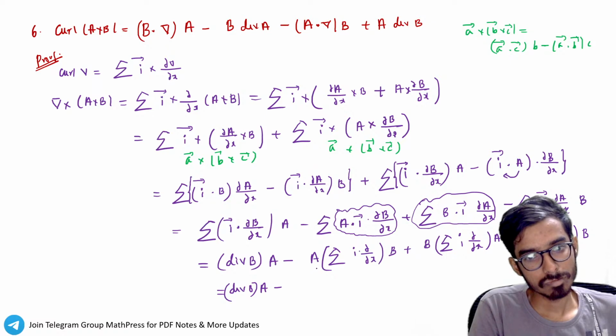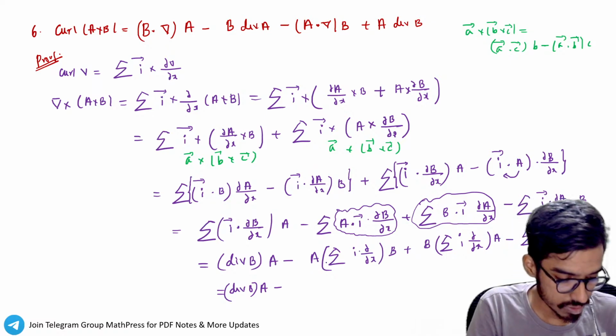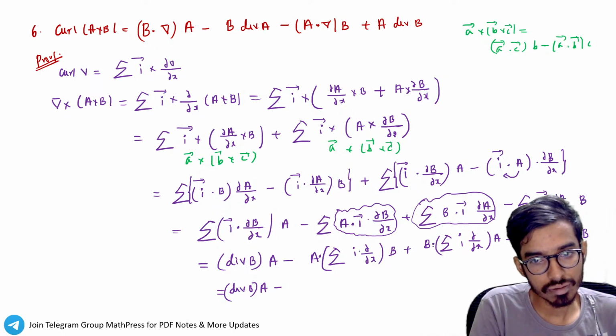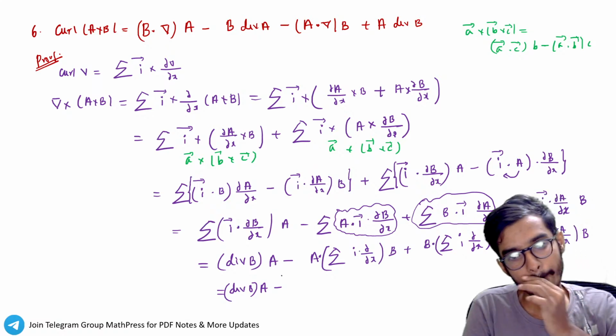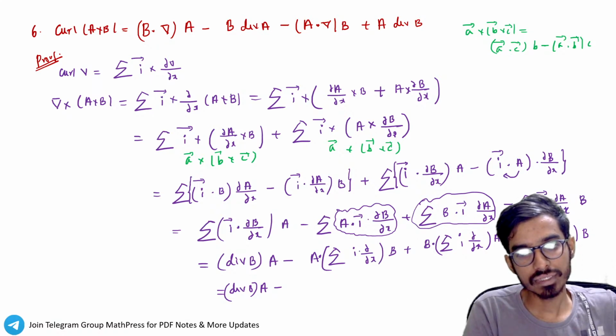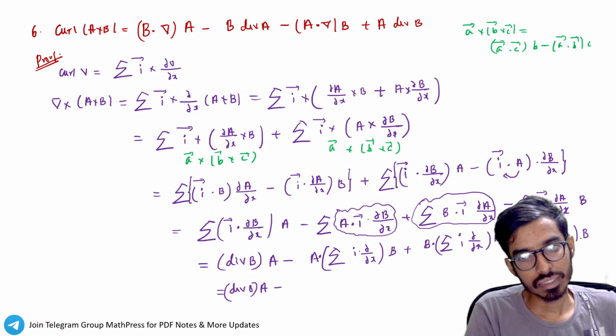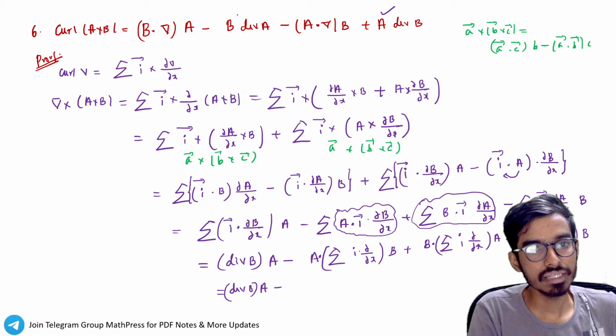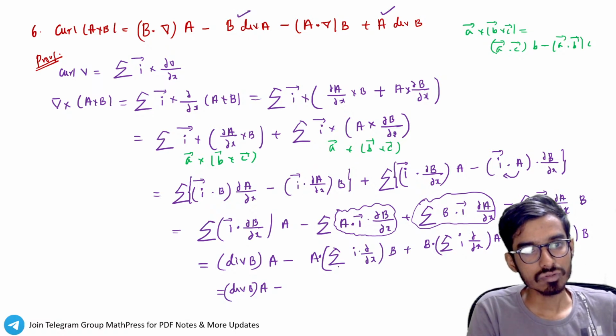Now this is divergence of B into A minus A into divergence of B, and here you have dot, right? This is divergence of A into B. So we have arrived at these two.